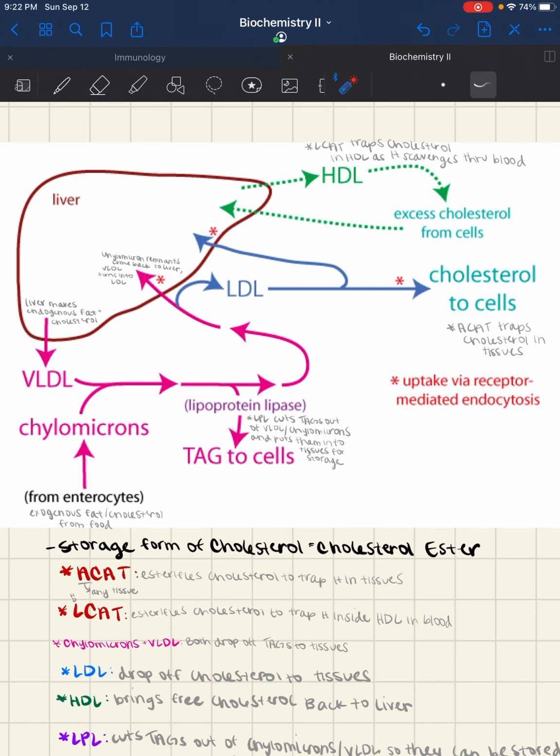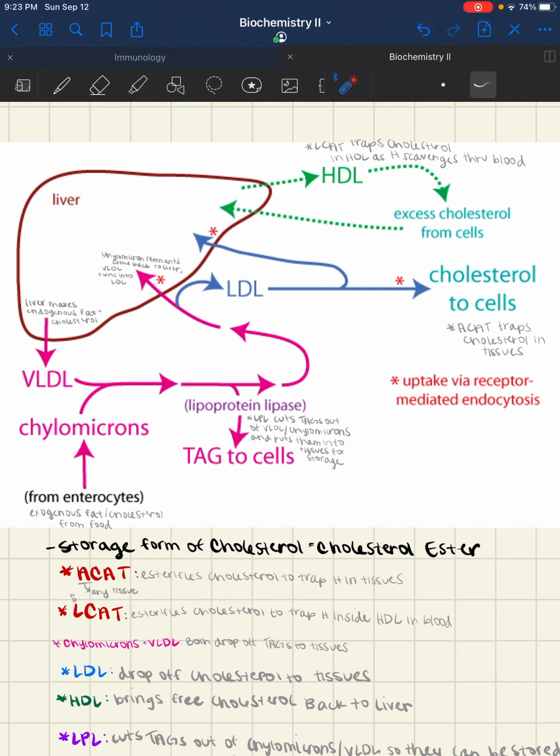So if we take exogenous fat from food, our enterocytes in our intestines are going to absorb the fat and package it into a chylomicron. Chylomicrons are going to go to the lymph, then they're going to go to the blood, and then they're going to drop off tags to adipocytes.